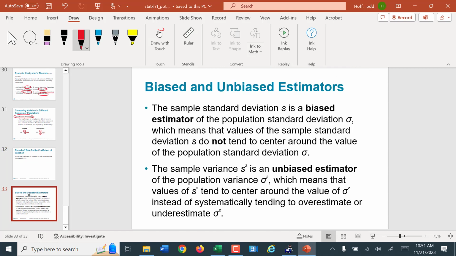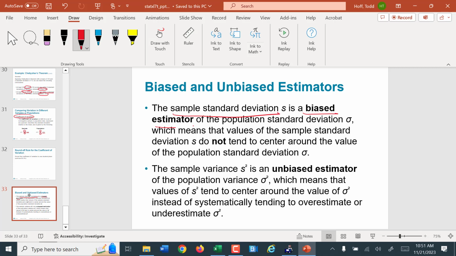So for our measures of variation or measures of spread, the big thing to remember is that the sample standard deviation is a biased estimator of the population standard deviation. So what that means is we cannot just find a bunch of sample standard deviations and average them together, find the mean of them to get an estimate of the population standard deviation, because it's not an unbiased estimator.